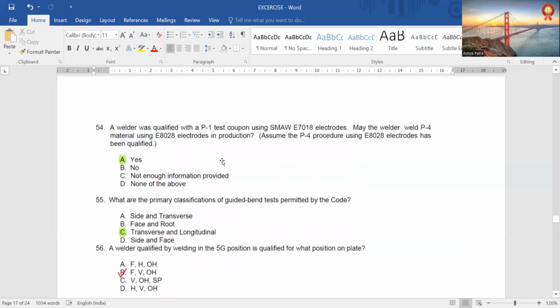Welder was qualified with a P1 test coupon using SMAW 7018 electrode. May the welder weld P4 material using 8028 electrode in production? Assume P4 procedure using E8028 electrodes has been qualified.